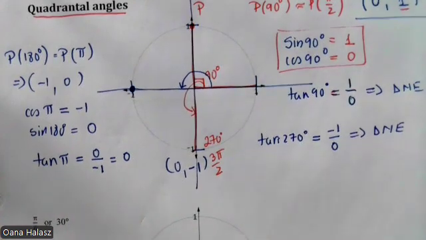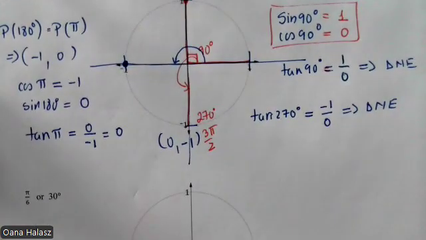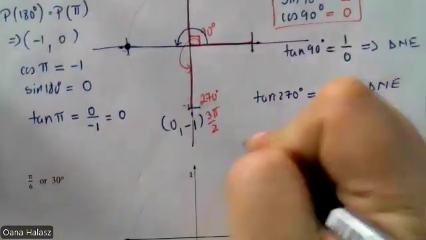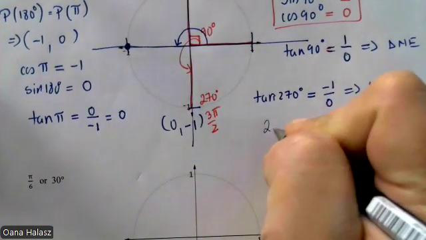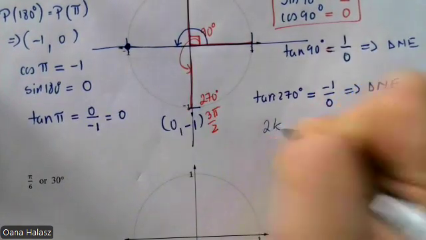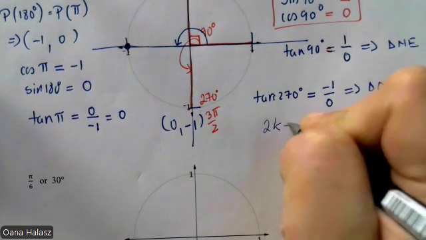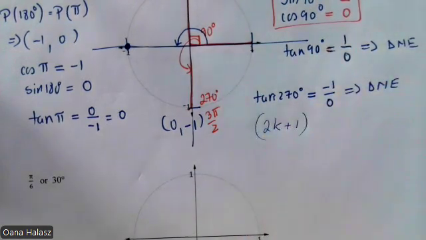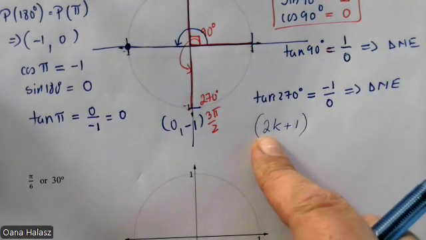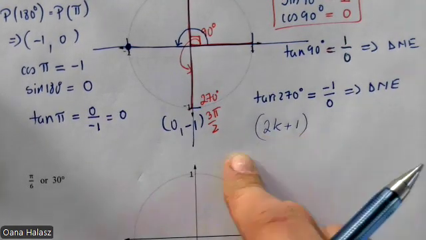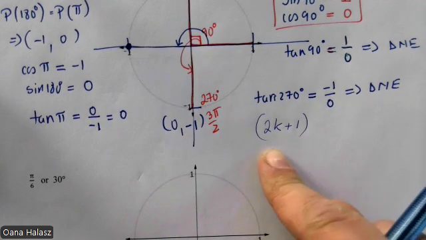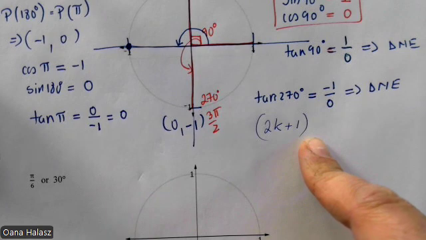There's a special way to write it in number theory. You say 2 times, and let's put a number k, and then always add 1. It will always define an odd number. So 2 times k plus 1 always refers to an odd number. If you replace k with any integer, that calculation will always give you an odd number.